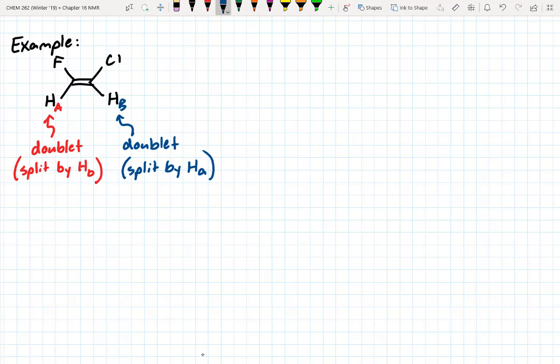All right, now this may seem kind of intuitive, but let's say we've got HA and it's a doublet that looks like this. Actually, let me clean this up a little. So this is my HA doublet. And then maybe somewhere else in the spectrum we have our HB doublet. That looks like that.